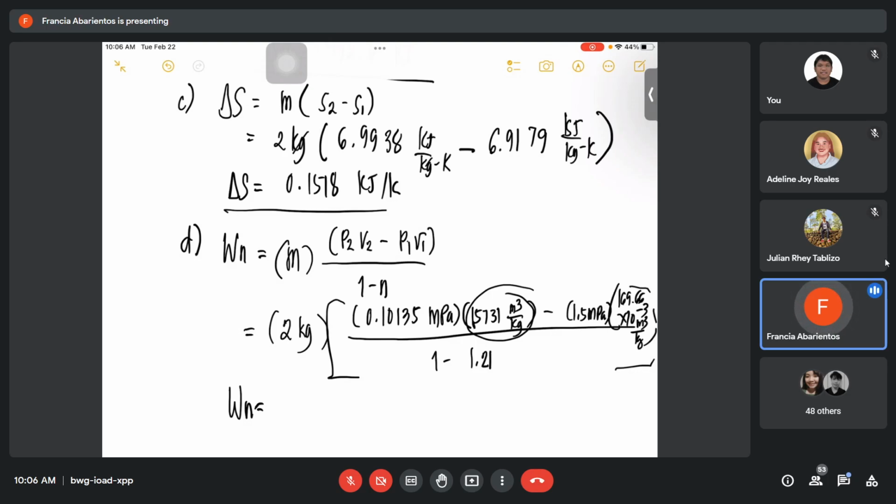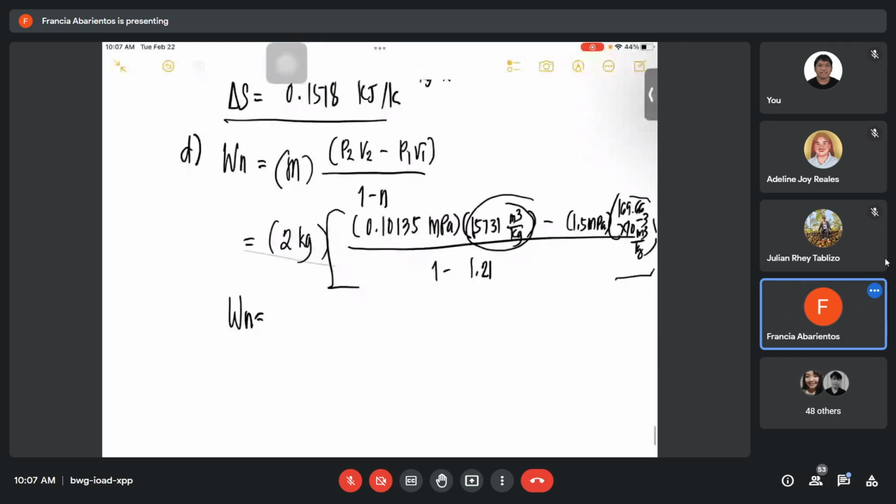So, maiiba yan yung mga units nyo. Take note of the megapascal, the times 10 to the negative 3. Okay, divided by 1.21. Okay? Times 2. Okay, what is now your answers? Hindi, nahirapan kayo, class. Ako, nakuha ko na. Your MPa times 10 to the negative 3.